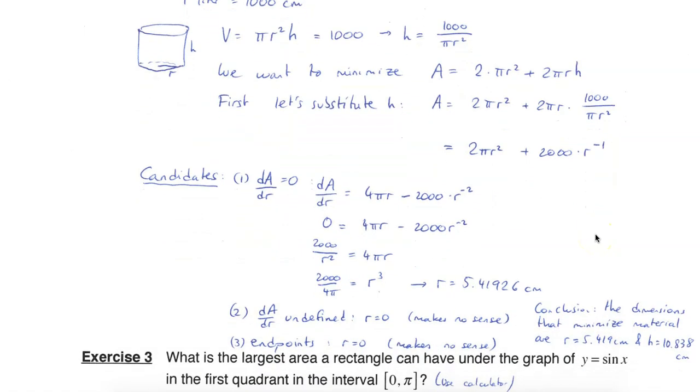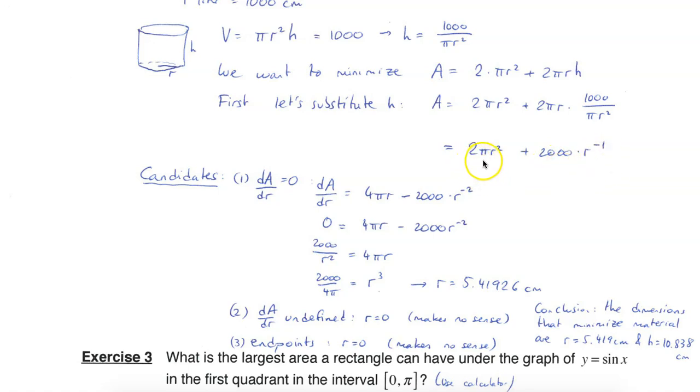Once again, we are going to look for the three candidates and compare which one has the least A value, so the least value for the area. First, for what values of r is the derivative equal to 0? We have 2 pi r squared plus 2000 times r to the negative 1. I need to calculate the derivative of that.